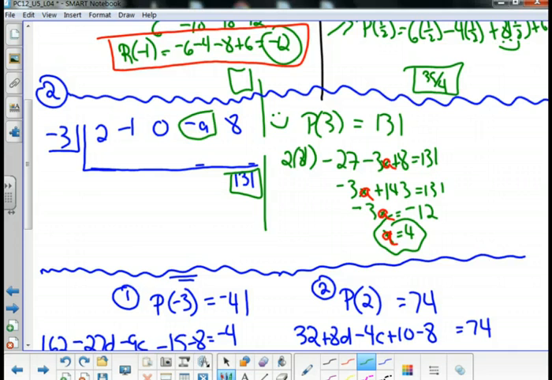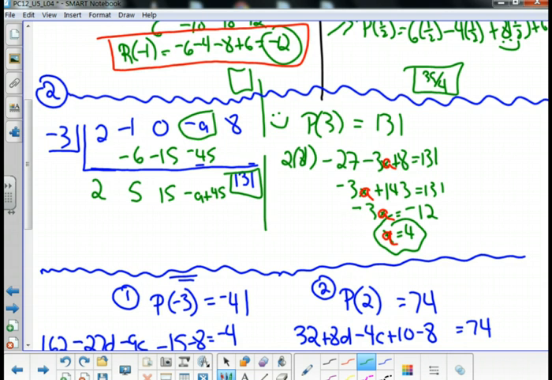But I go through my synthetic division and bring down the 2. This is minus 6. That means this is positive 5. That means this is minus 15, so this is positive 15. That means that this is minus 45, so then this right here is minus a plus 45.